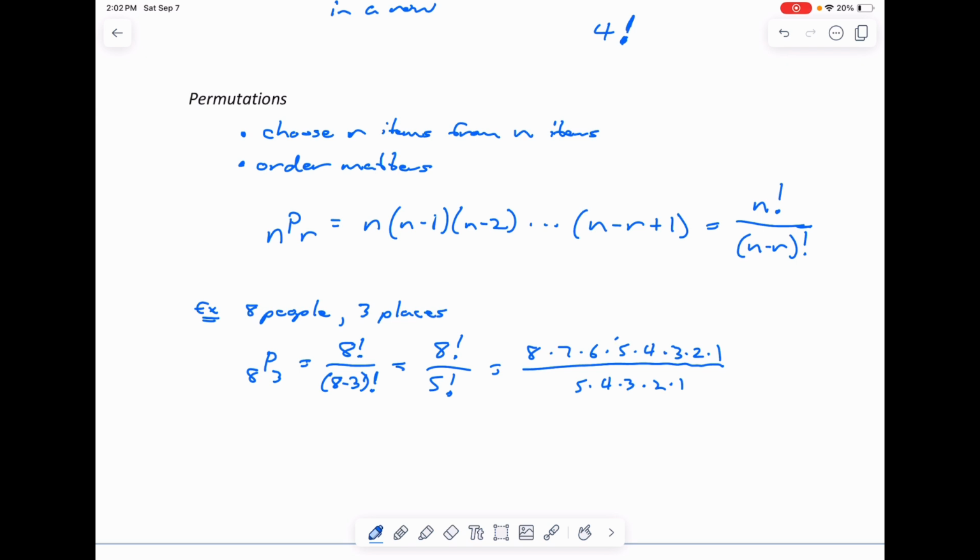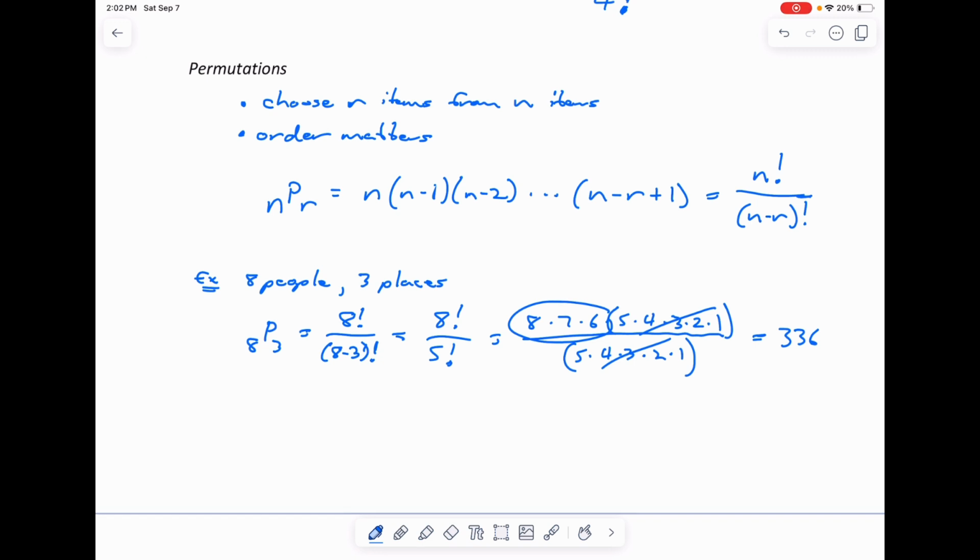So we have this entire string, 5 down to 1, in the top and the bottom. That entire string crosses off, and notice what you have left is 8 times 7 times 6, or 336. So if you don't have factorial capability, you can do it that way.